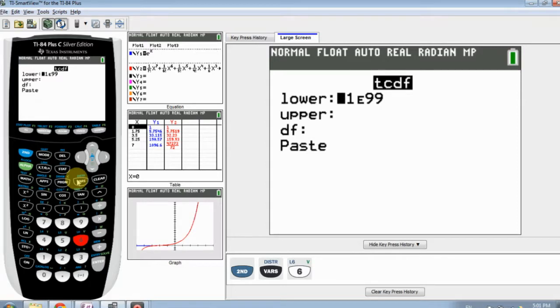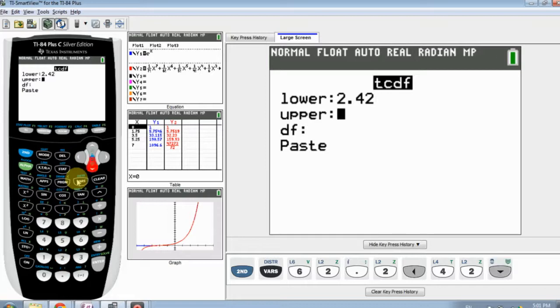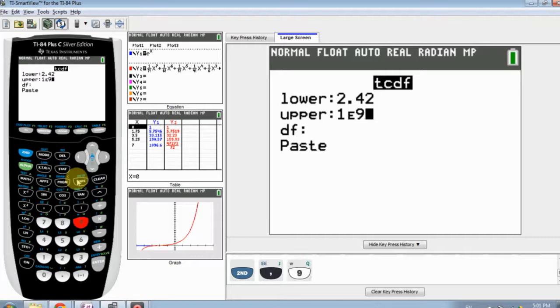Our lower is 2.42, our upper is 1E99. Our degree of freedom is 4. How do you know that? Because the sample size is 5, so it's one less. It's always one less.